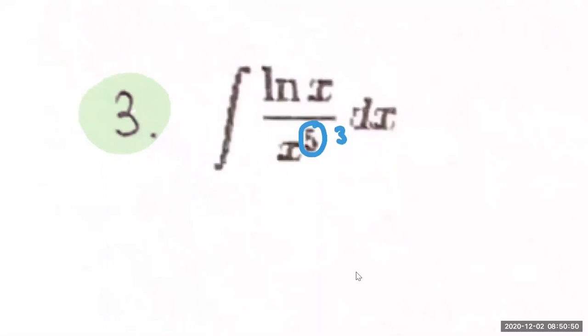Number 3 should have been over x to the 5th. I think you might have done over x cubed instead of over x to the 5th, because it does kind of look like a 3 if you're not zoomed in on it. That might be where. No, you weren't supposed to integrate that. You were supposed to integrate ln of x over x to the 5th.